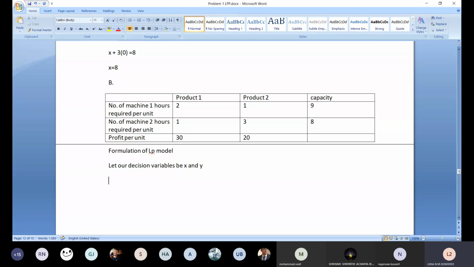This will remain constant every time. So we are maximizing the profit. Maximize Z equals 30x plus 20y. See the profit per unit. Subject to constraints.